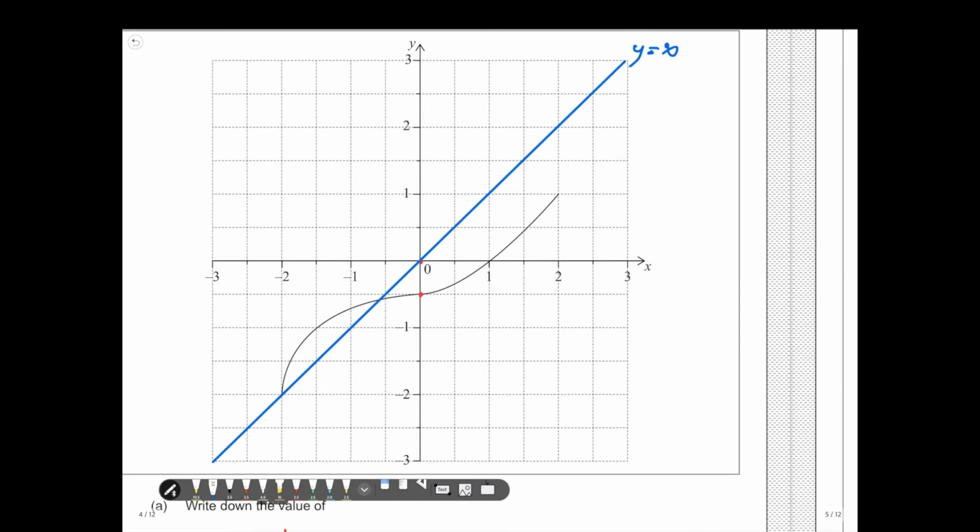From this symmetrical line, the mirror, you can find the inverse of the function.